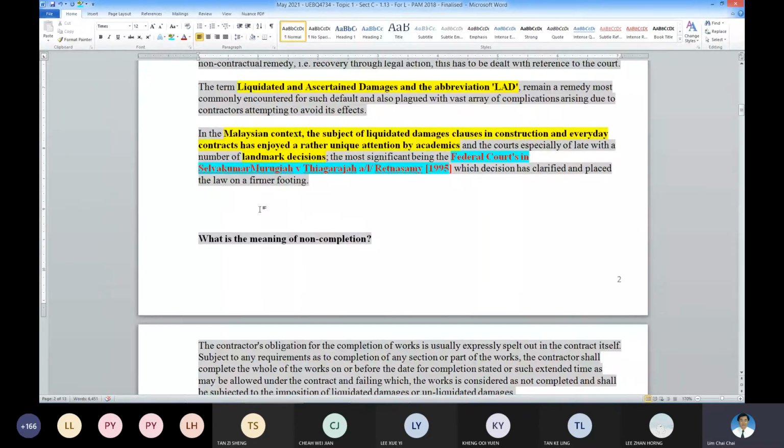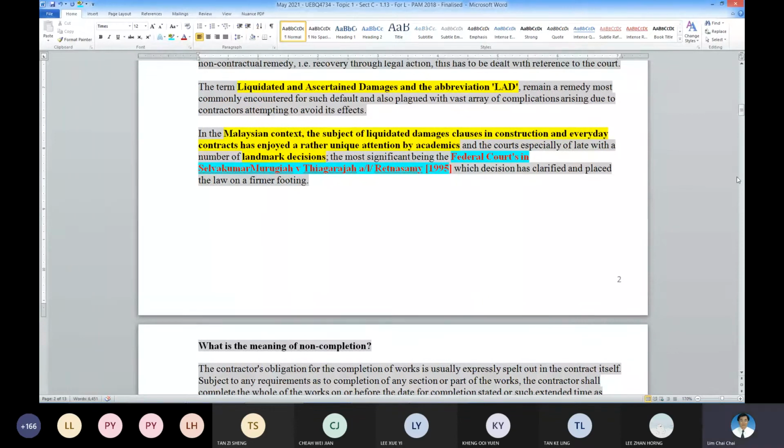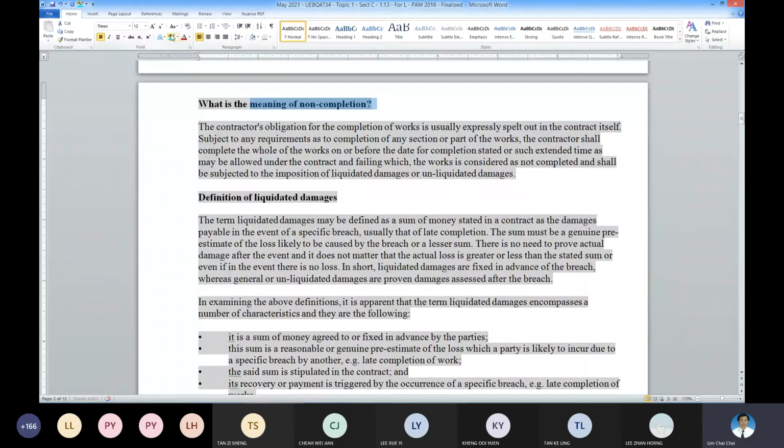Okay, so now to elaborate further, what does it mean by non-completion? Already I mentioned to you earlier, you cannot finish within the original contract duration or the valid extension.